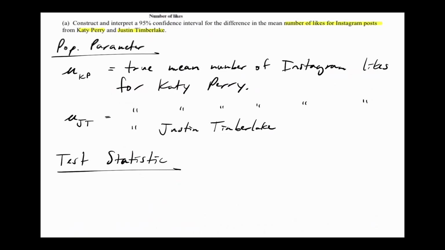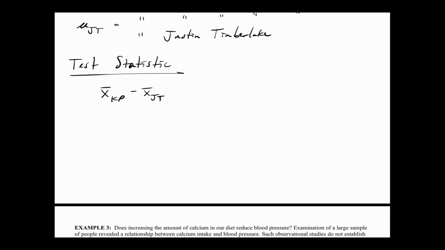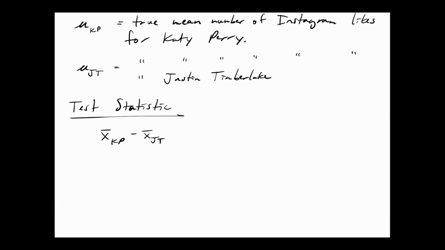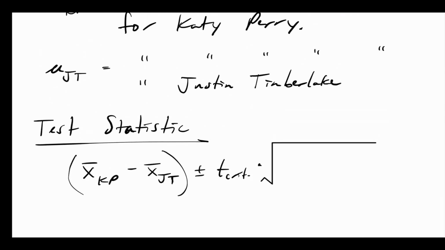All right. So let me write that down. X bar KP minus X bar JT. So you don't want to use 1 and 2 anymore because they don't mean 1 and 2 anymore. You want to stay consistent through the whole thing. Plus or minus T critical times. But can we still label them like 1 or 2 if we want to?